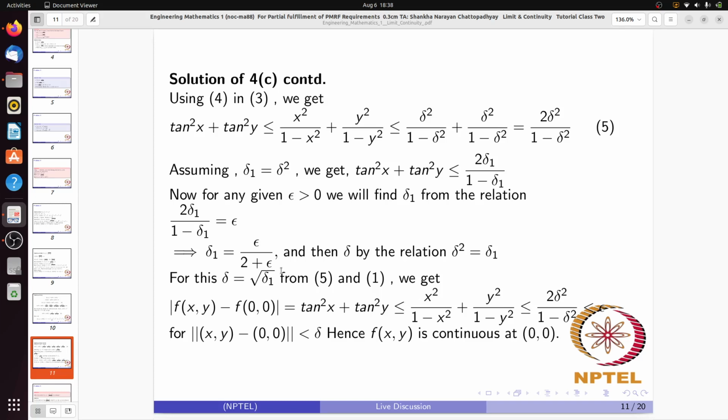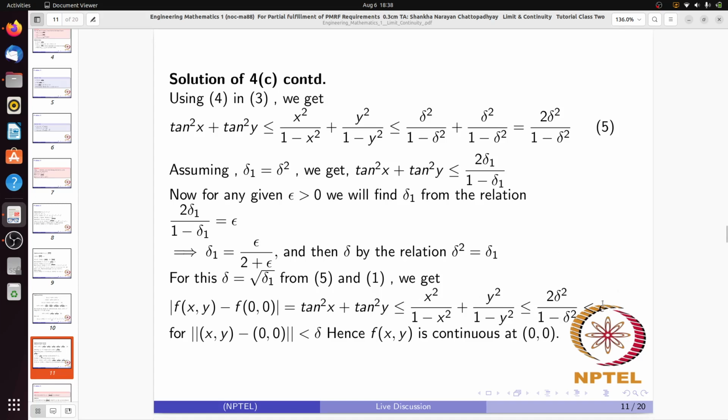So from 5 and 1 we get modulus of f(x,y) minus f(0,0) equals tan square x plus tan square y, which is less than or equal to x square by 1 minus x square plus y square by 1 minus y square, which is less than or equal to 2 delta square by 1 minus delta square, and which is less than epsilon.